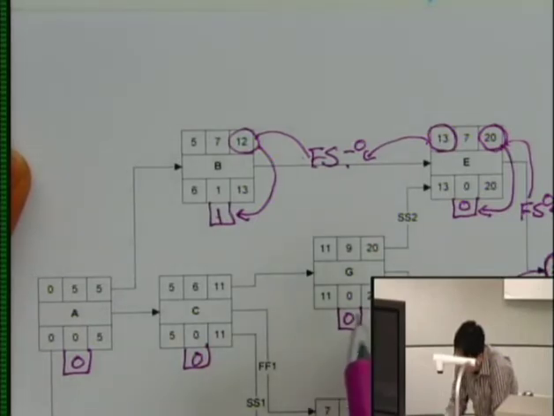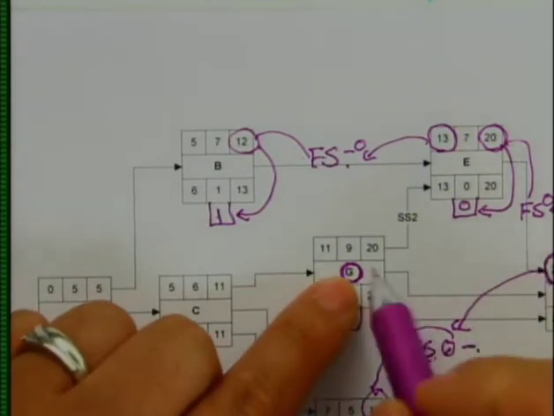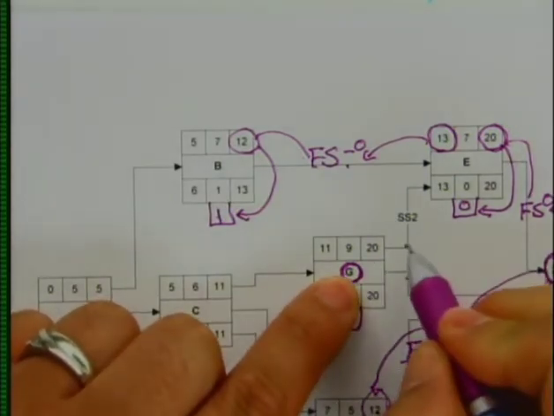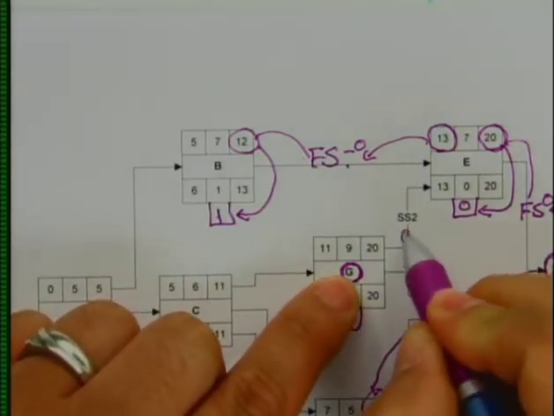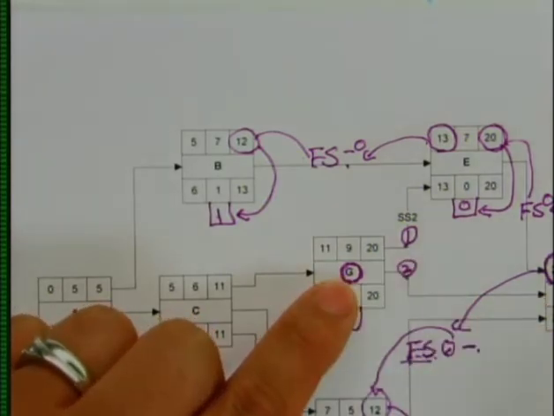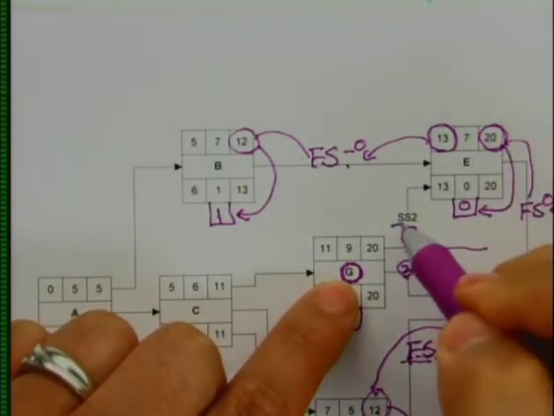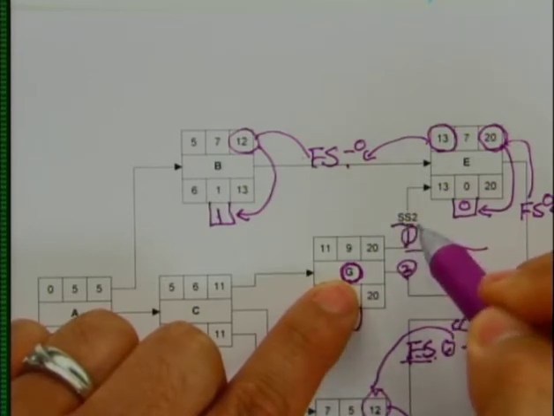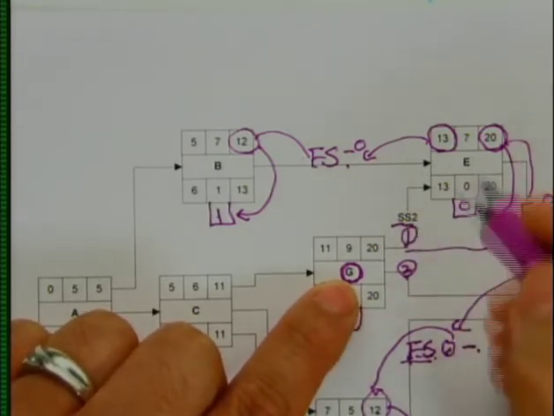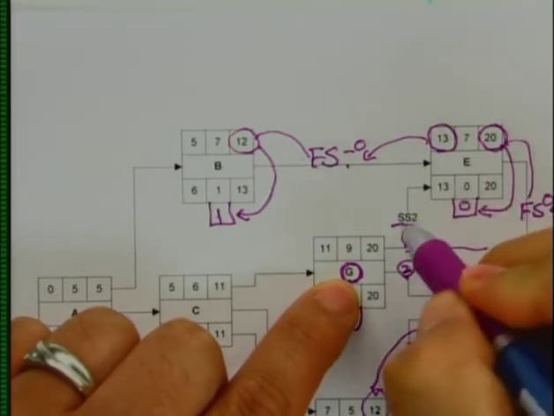Okay, let's look at activity G. Activity G has two relationships, so there will be two options. Option number 1 is the start to start relationship with the 2 day lag. So when you calculate free float, it's start to start.